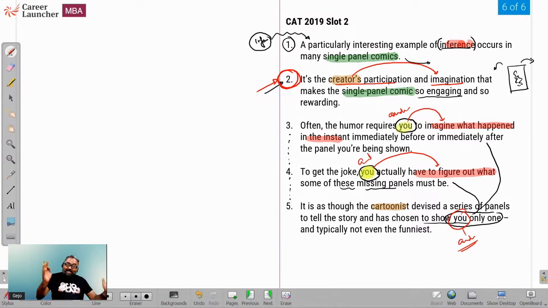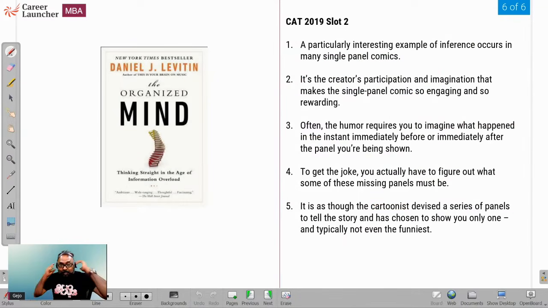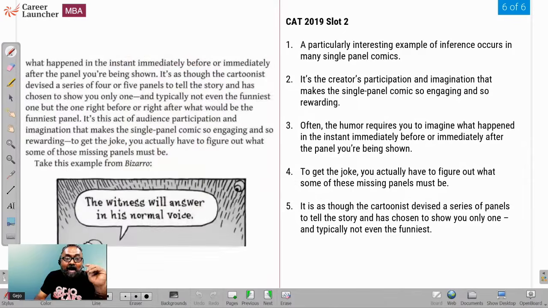Now you look at this, it is taken from this book. It took a while to actually search this one, but finally got it. I'm going to look at part of this. It is as though the cartoonist divides the panel. Look at the odd sentence.